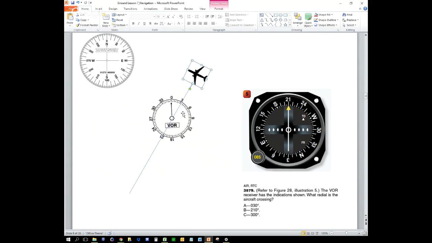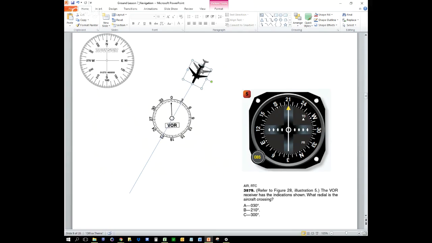Right. So the easiest way for questions like this, I kind of have to think about it in a two-step process. I've got to set my airplane up like it would typically be set up if I had the gauge configured this way. So if I have my OBS selecting the 210 radial and I've got a TO flag, that means I'm flying to the 210.